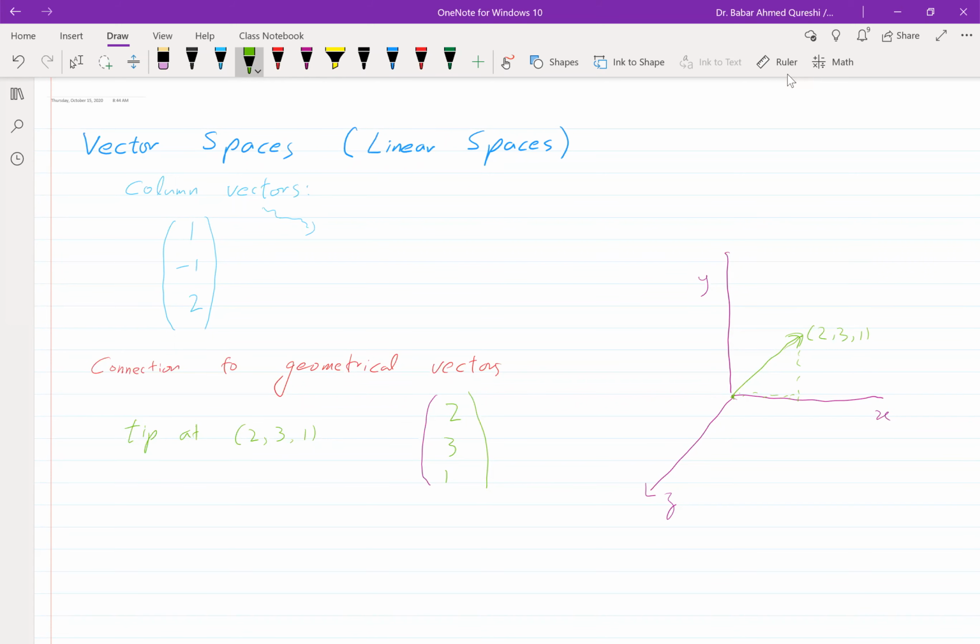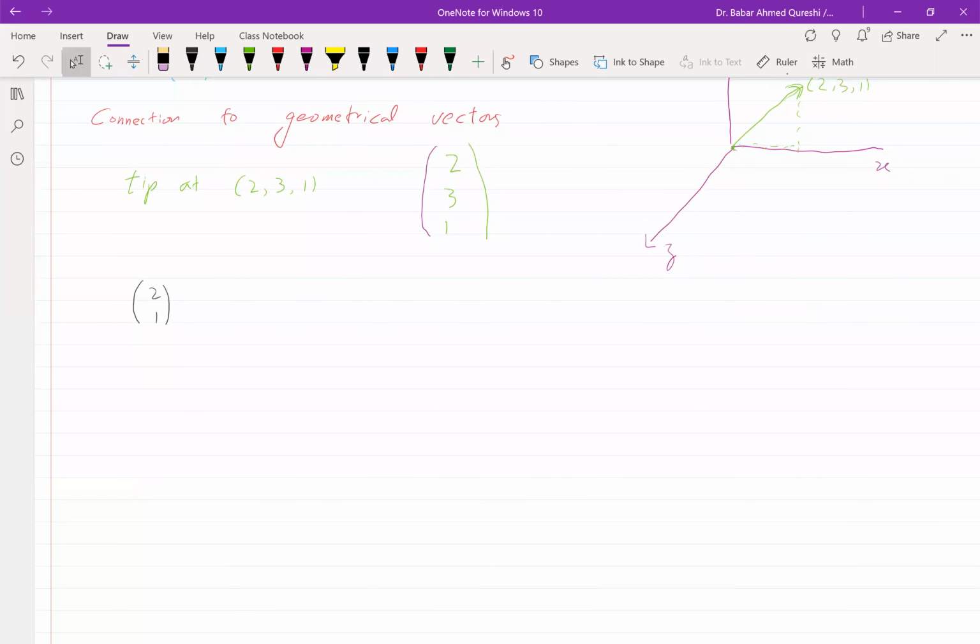And this is for 3 dimensions. If I consider an object like this, with 2 components, then this guy is just the same thing, but with 2 dimensions now. So a vector in a plane.